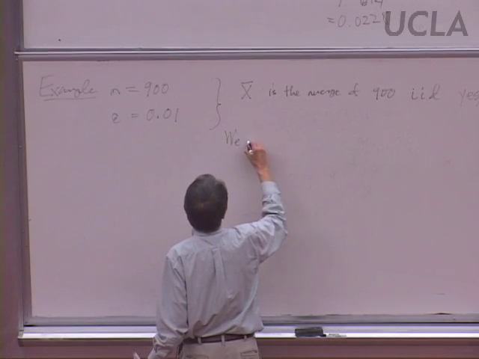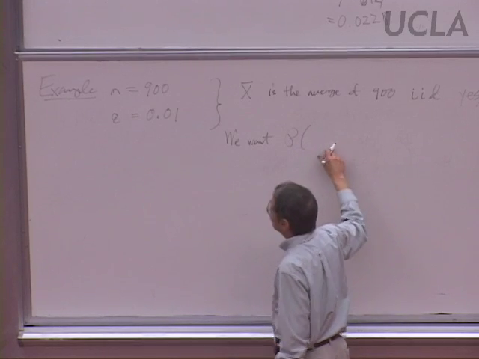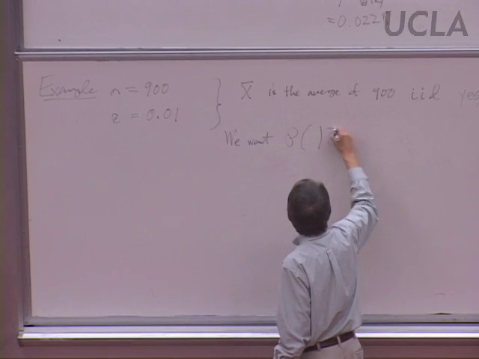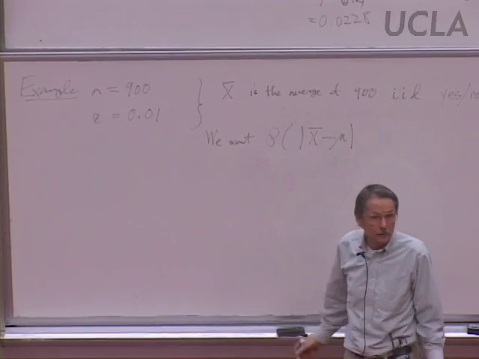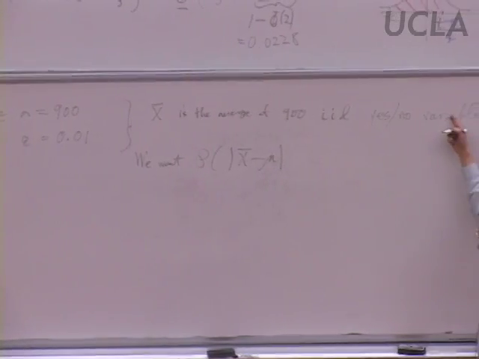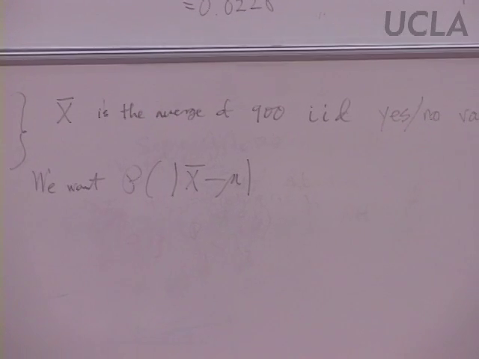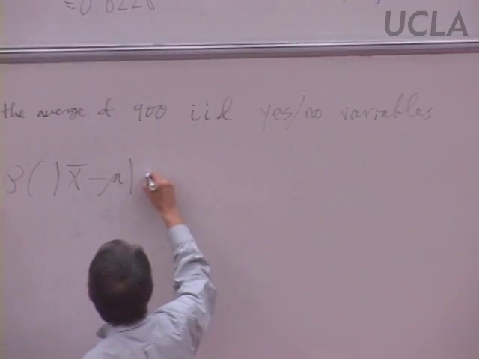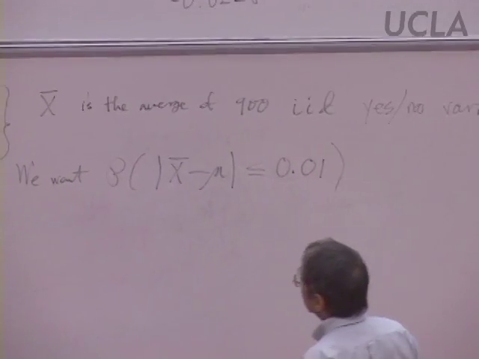And what we want is a probability. How certain are we that the distance between x bar and the unknown mean mu for the binary variables, the probability that they're 1, is really small, no more than 0.01?